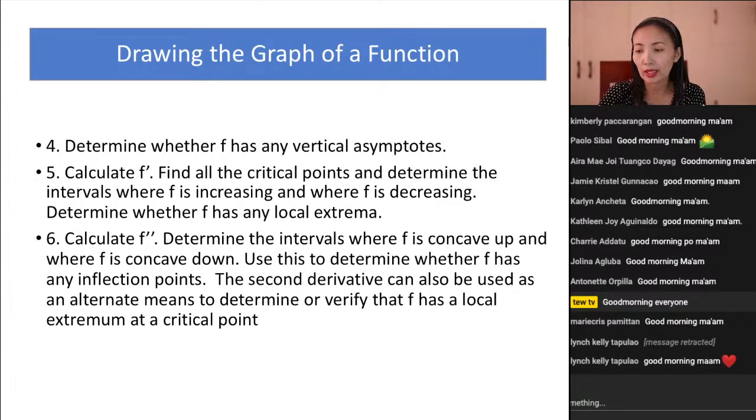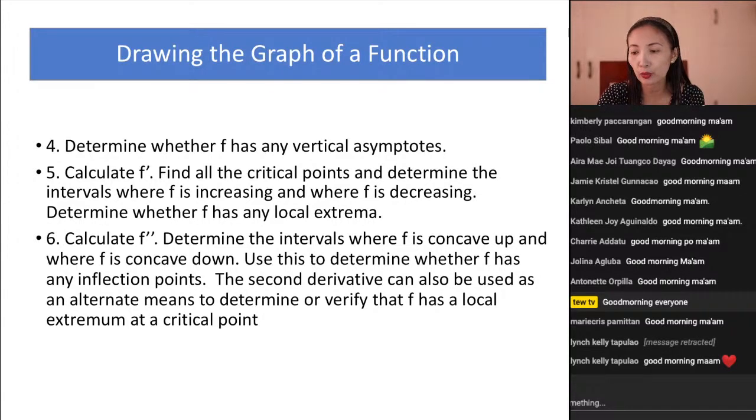Number 4, determine whether f has any vertical asymptotes. Is there a value of x that will make the function undefined? Now, for a rational function, particularly pay attention to the denominator. What is the zero of the denominator?